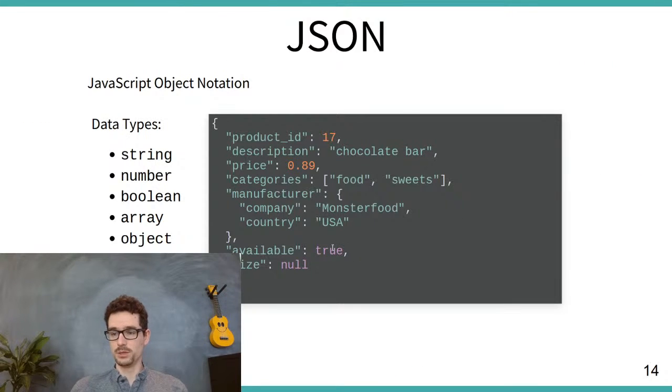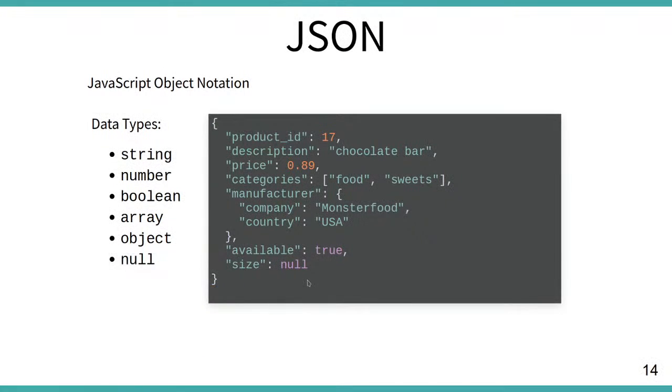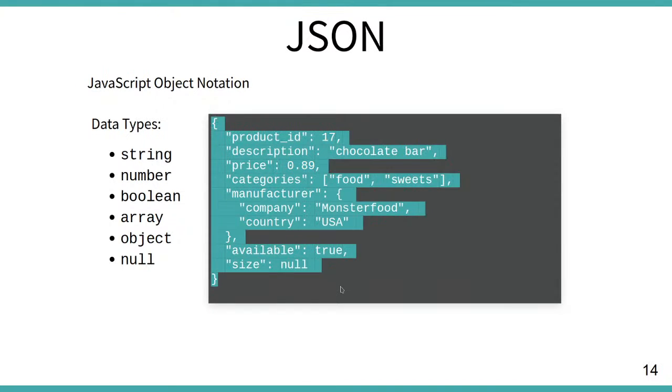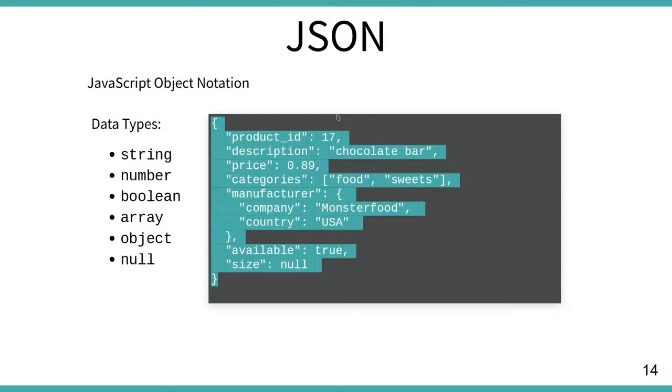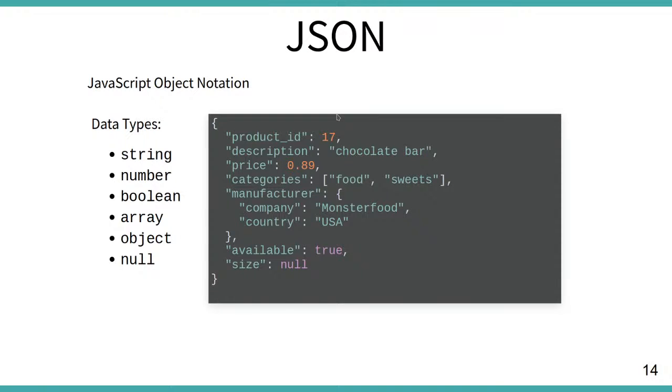JSON is a bit different, but also very similar. That's what the name comes from, JavaScript object notation. We use a notation for defining a complex object like we do it in the language JavaScript.